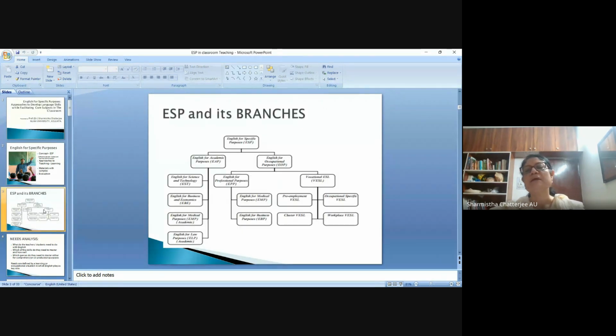If you can look into what I am showing you now on the screen, you will see ESP is a very broad umbrella term. So English for specific purposes. And it can be actually divided and subdivided into various things, right? But we will today be actually interested in this particular domain, and that too part of this domain.